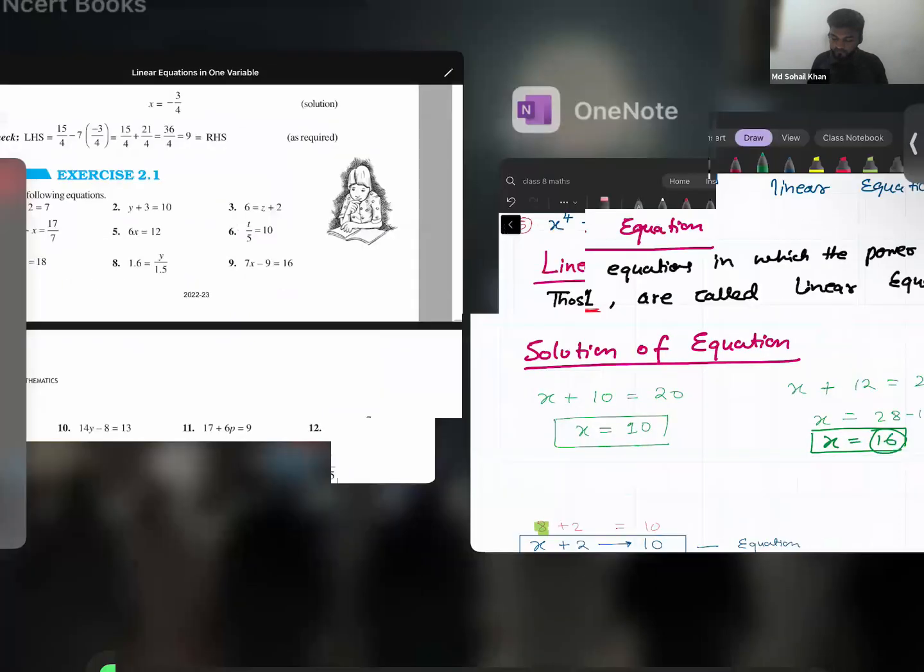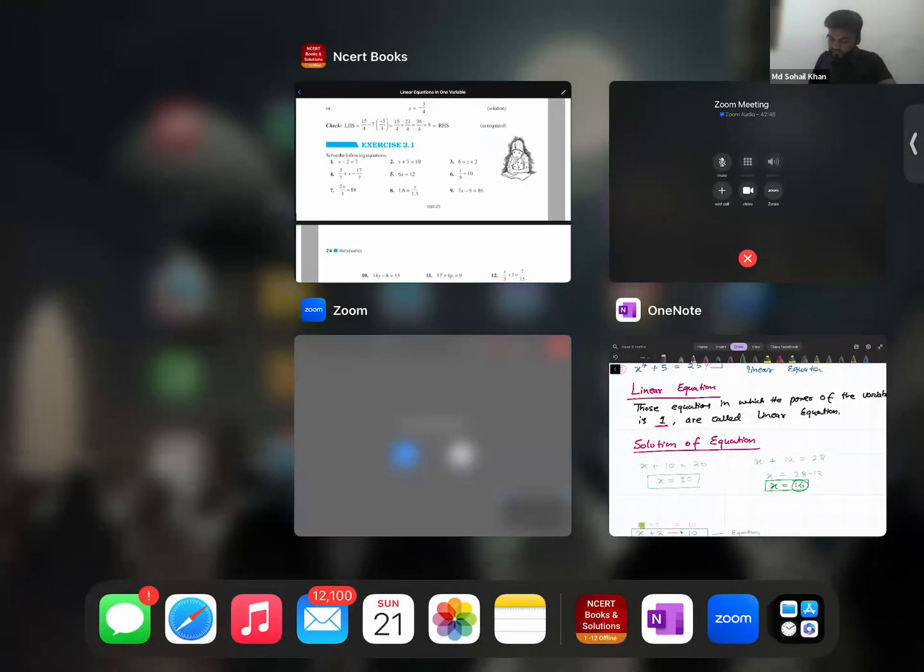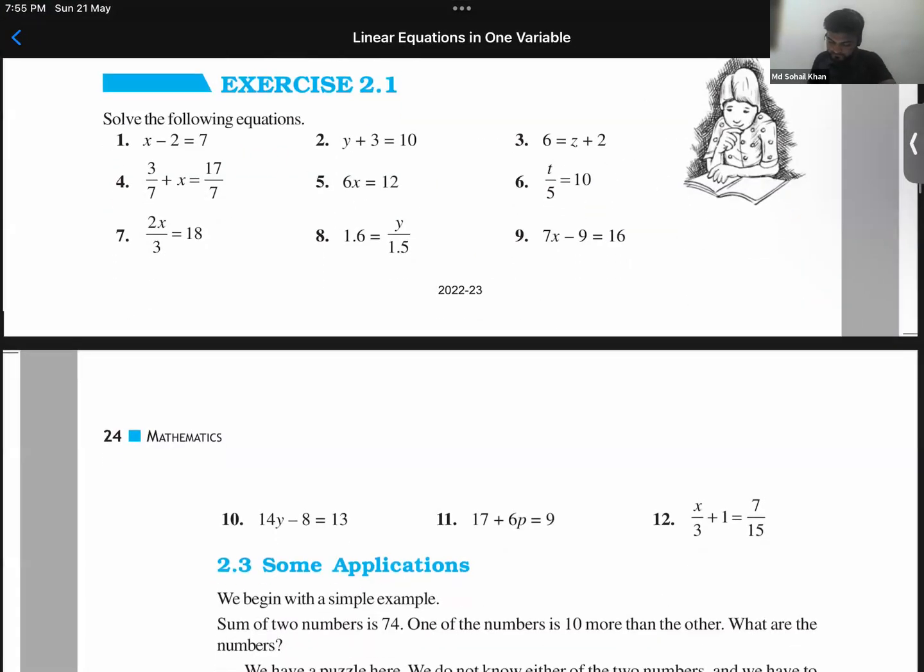So your entire exercise was based on this. Solve a few questions. Solve question number 8 of the exercise.